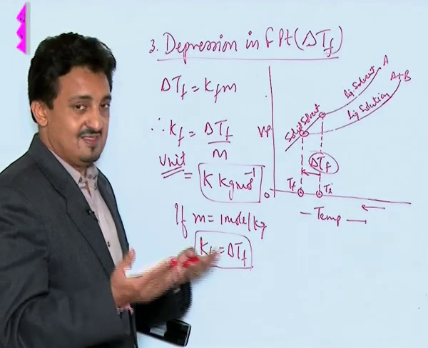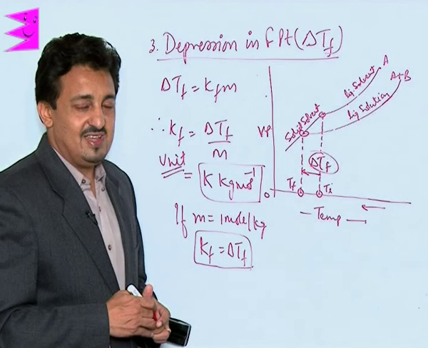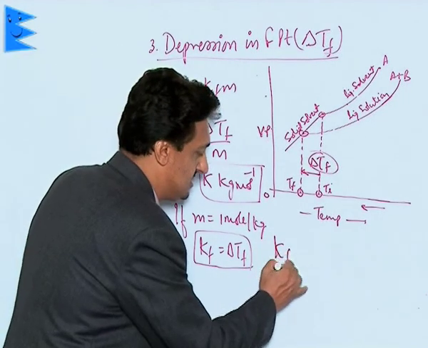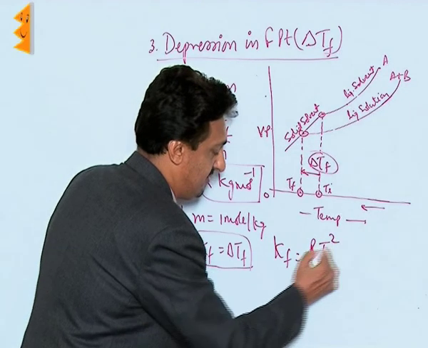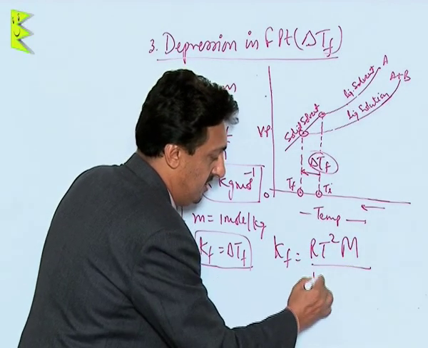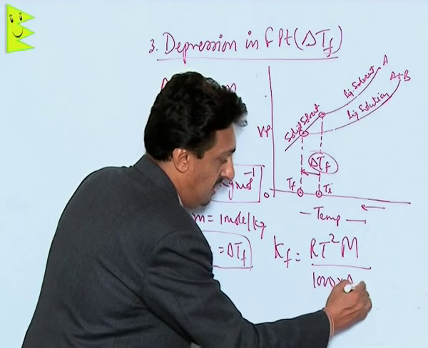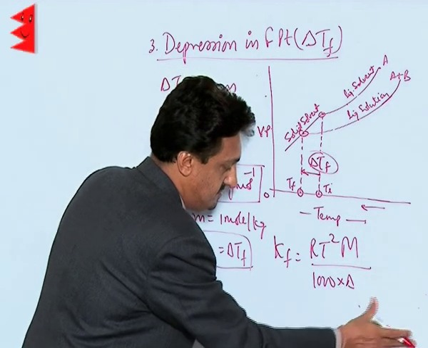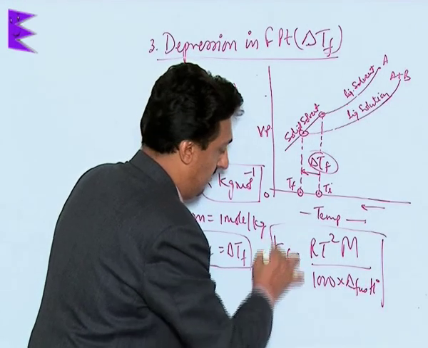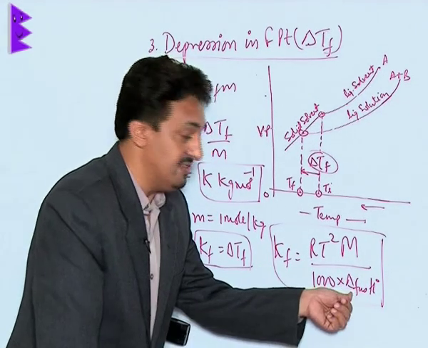And remember, as with Kb, every solvent has its own Kf value, which is determined by a formula very similar to the Kb formula. The only difference is that it is R T square M upon 1000 into enthalpy of fusion. You remember, in case of Kb, we had the enthalpy of vaporization.